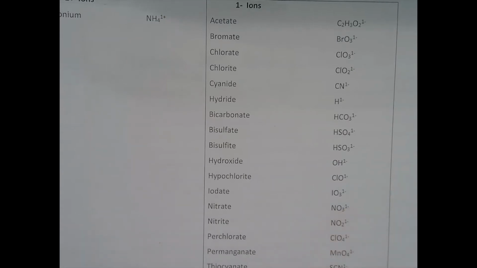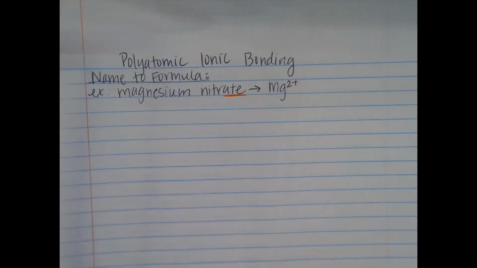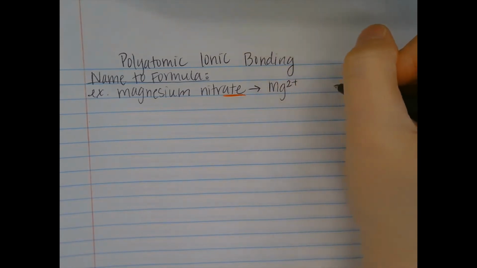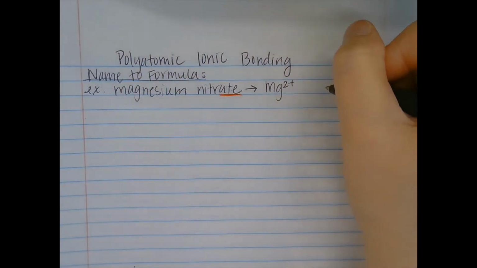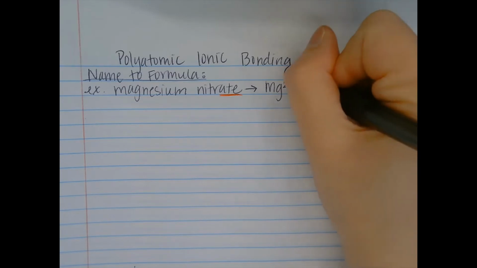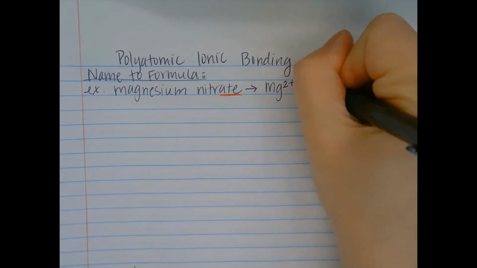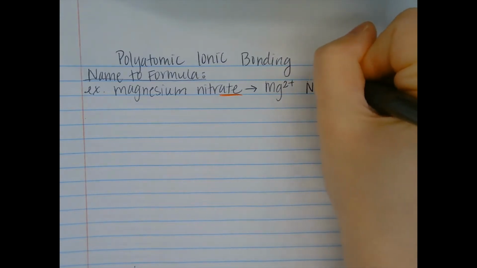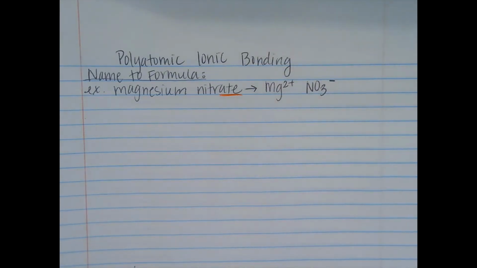So we have a group of atoms, our NO3, and the whole thing has a charge of 1-. I write it the same way that I wrote my anions before. It's just a group, NO3, and the whole thing has a -1 charge.